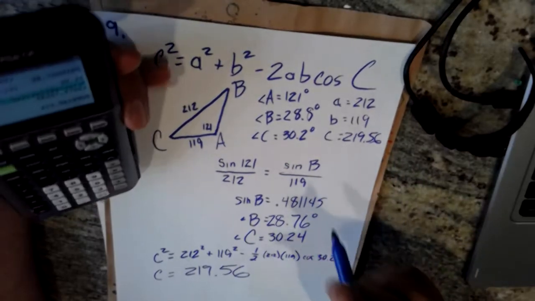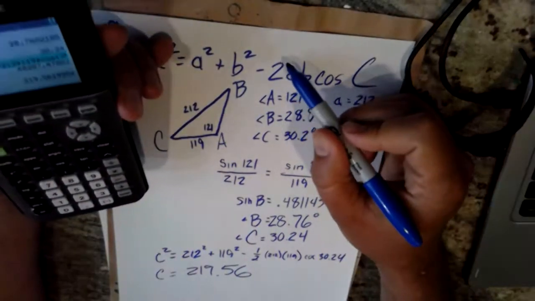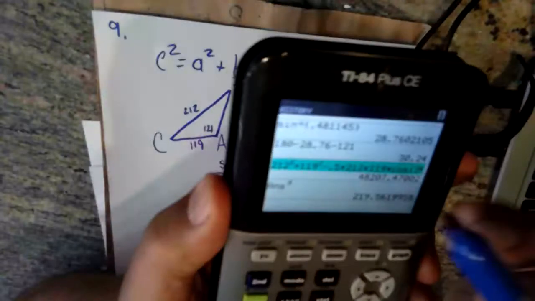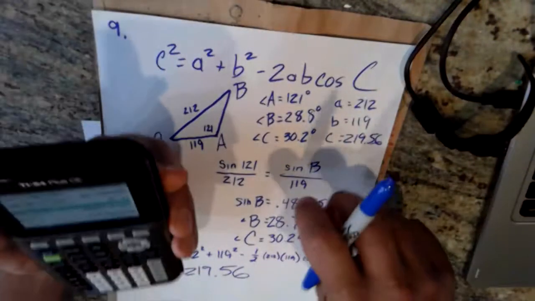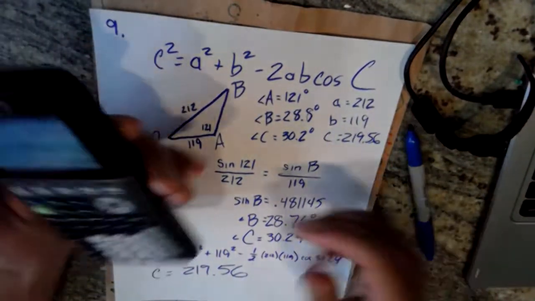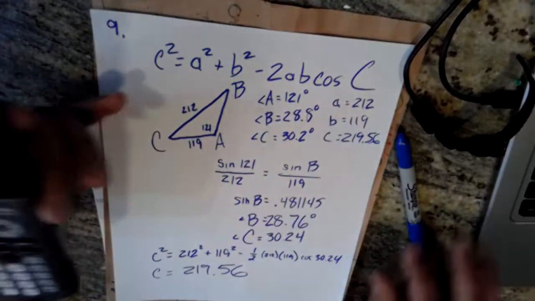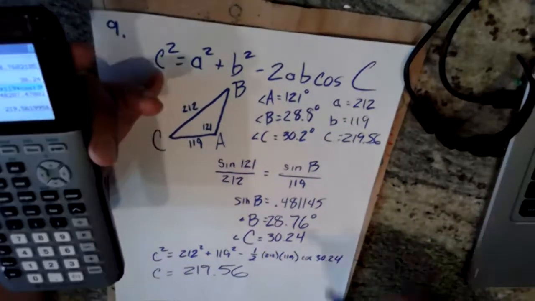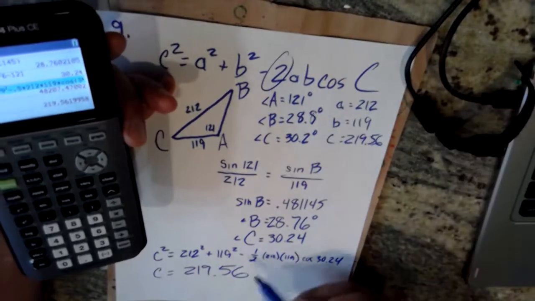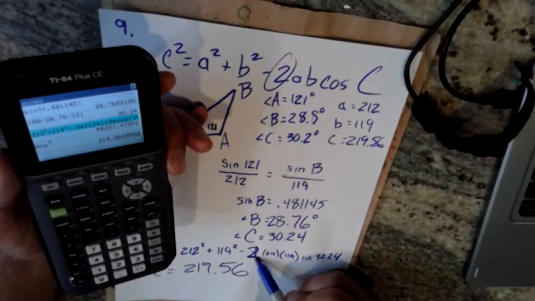Oh, dang it, Jocelyn. I typed in a 0.5. This should be a 2. So let's do that again. Sorry. Everything we've done on here is right. I just typed it into my calculator. Here's what I did wrong. This is a 2. I did a 1/2. This should be a 2.